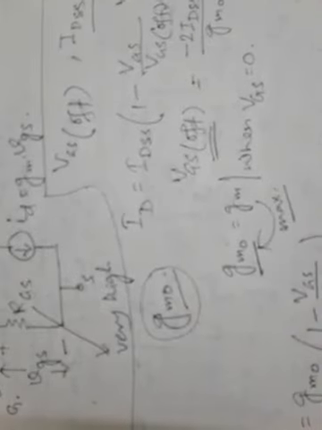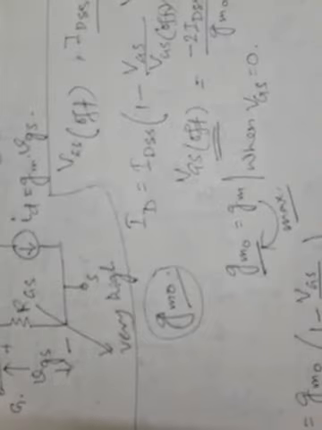This is the equation. So from here you can see that Gm decreases linearly when VGS becomes more negative. This is a linear equation, so Gm will be decreasing linearly.